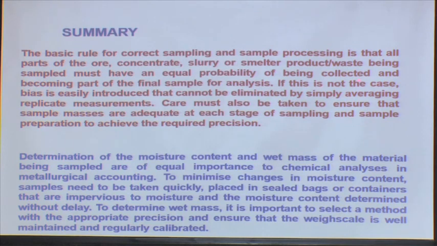If this is not the case, bias is easily introduced that cannot be eliminated by simply averaging replicate measurements. If the bias is already there, it does not matter how accurately you do the analysis or how sophisticated your equipment is, the bias is already there.